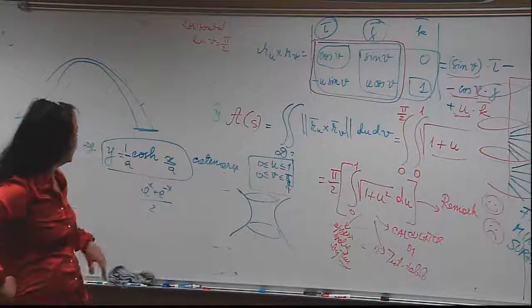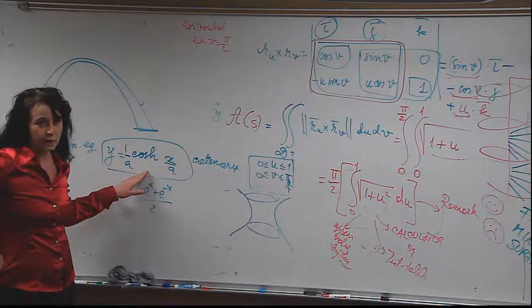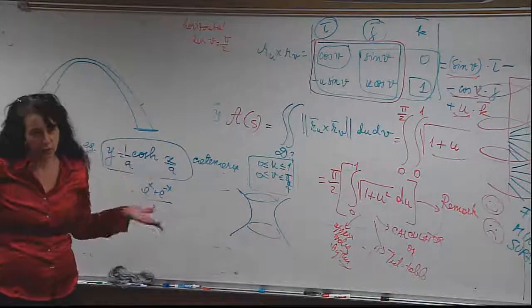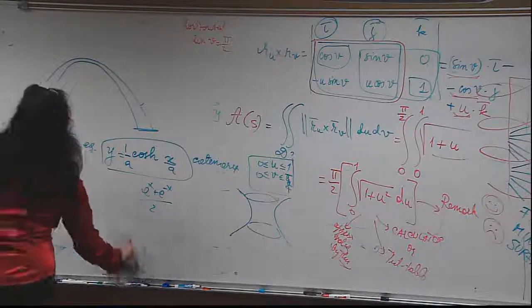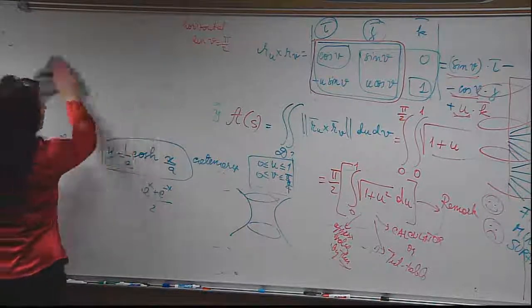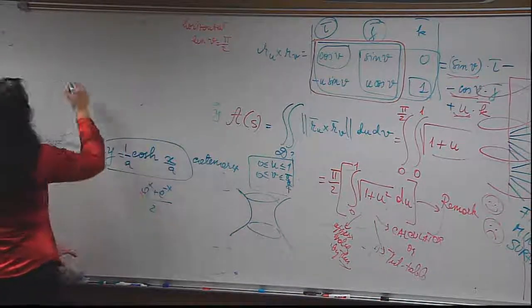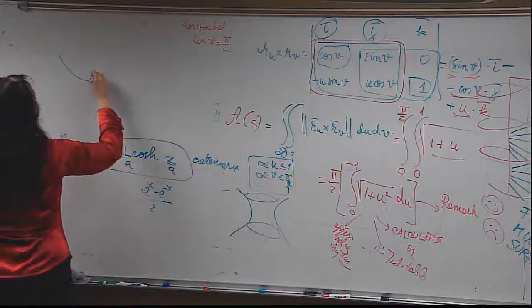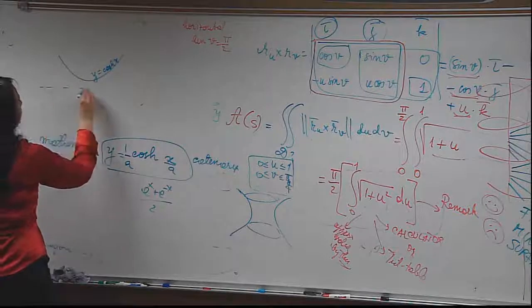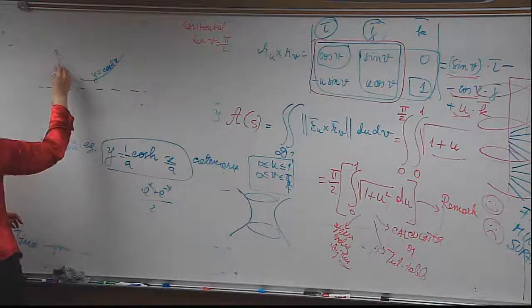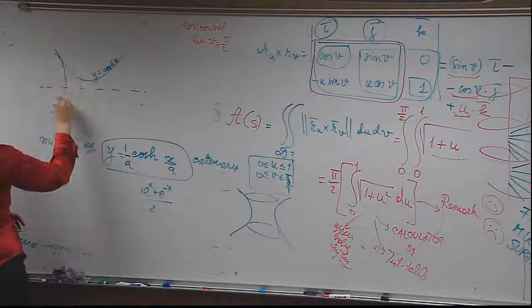And he actually came up with that. If a is 1, you just have the cosh x. So this is the chain. If you take the chain, that's a chain upside down. You take a chain, let's say y equals cosh x, to make it easier. And revolve that chain, you get a surface of revolution.